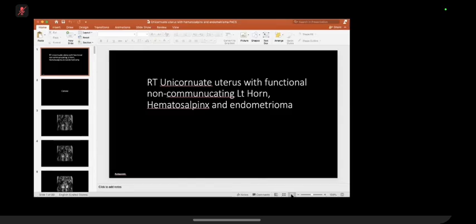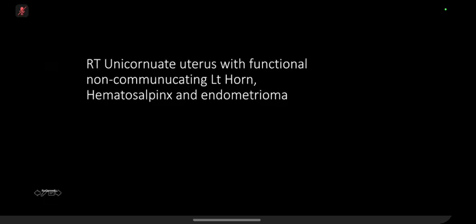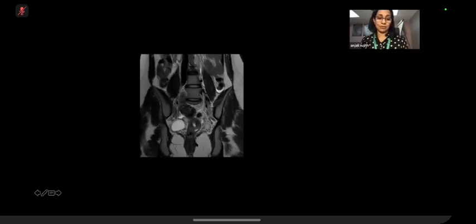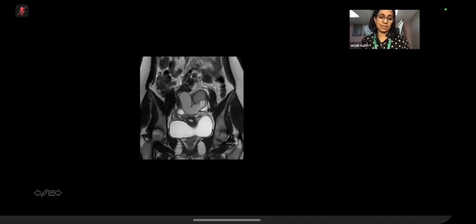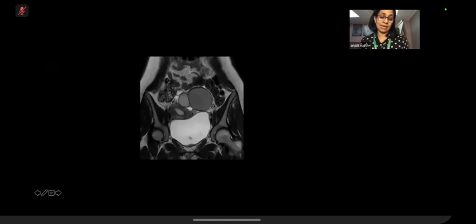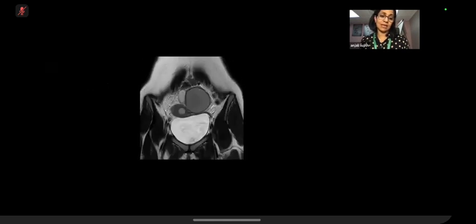Yes, I can. So now it's in the PACS model. So we are looking at the coronal. You focus only on the uterus for the time. So you can see as the uterus goes and as the uterine cavity finishes, a second uterine cavity appears. Okay? And I'm coming back down again.